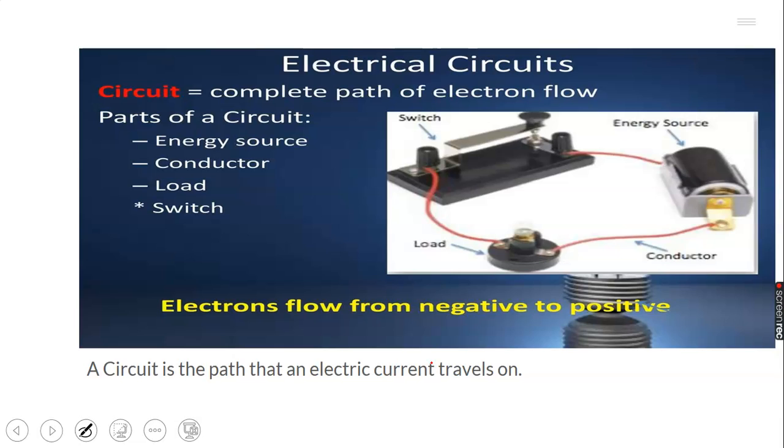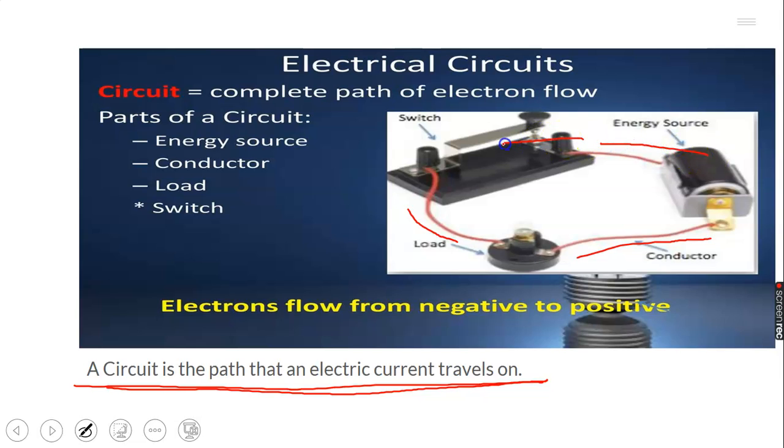A circuit is the complete path of electron flow. A circuit is a path that an electric current travels on. You can see the switch, the load, the conductor, and the energy source going back to the switch again, and it keeps the flow moving.